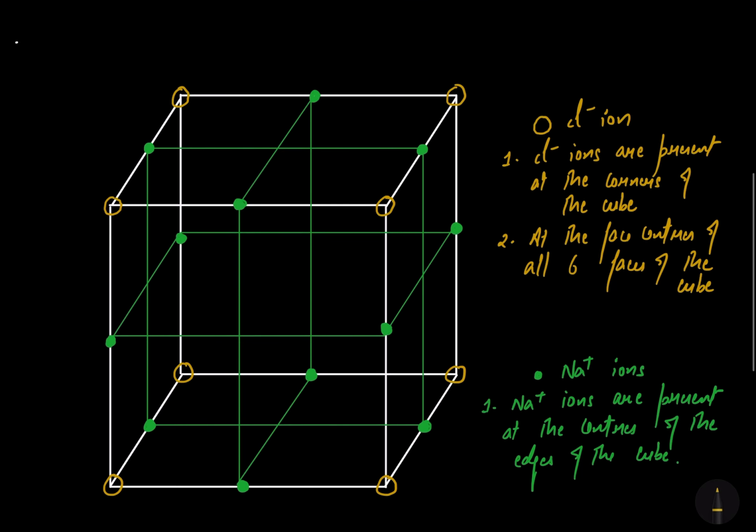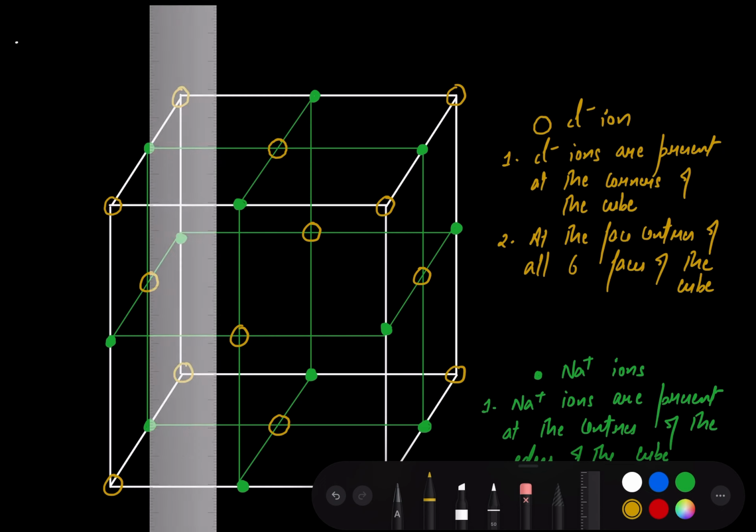So where are the more Cl negative ions present? Let's talk about the face centers. This comes out to be the first face center, the second face center, the third face center, the fourth face center, the fifth face center, and the sixth face center. Now let me combine all this.